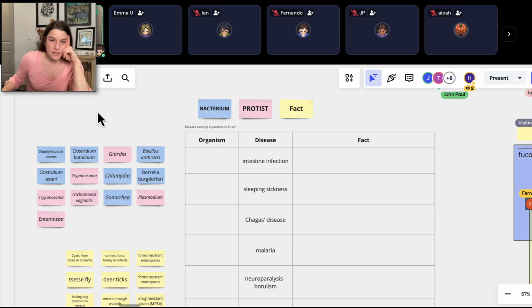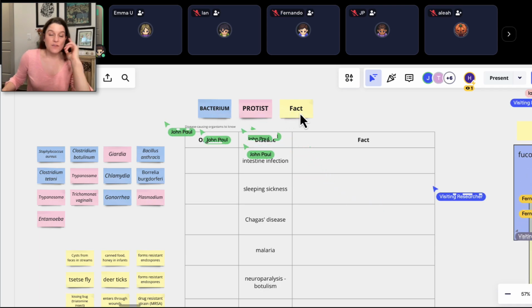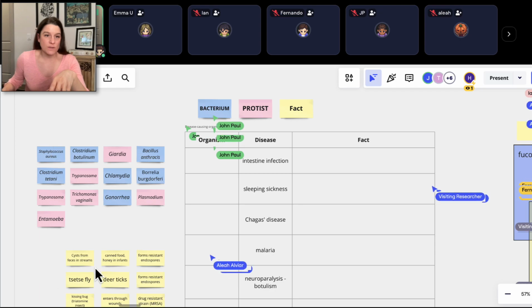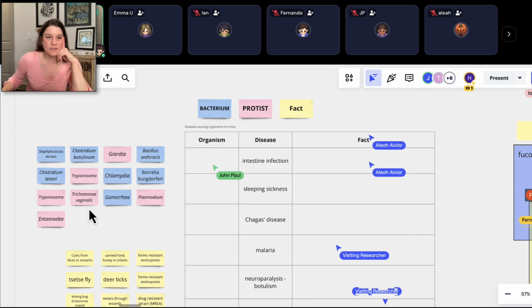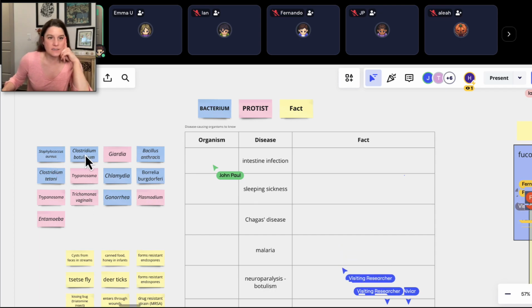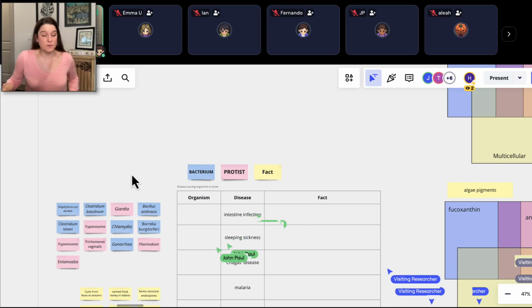You'll notice on the left side there is a chart that has the stickies at the top: bacterium, protist, and fact. They're just different colors. That's just the key for what the colors of the stickies on the left mean. You'll see the stickies on the left say Staphylococcus aureus, Clostridium botulinum, Giardia, Bacillus anthracis, etc. These are all going to be disease-causing ones.